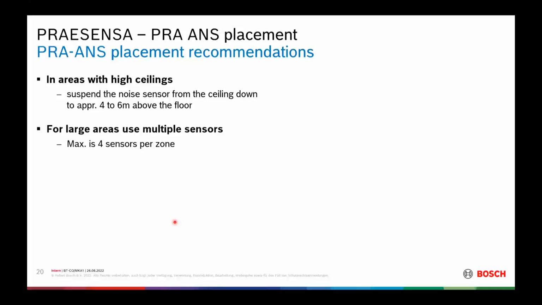Also here, I cannot give you a fixed rule how you would say now, okay, do I need 1, 2, 3, or 4 sensors in a zone? First of all, also here, have a look at the zone yourself. Have a discussion with your customer, with your system integrator, or have an imagination yourself how the zone looks like.